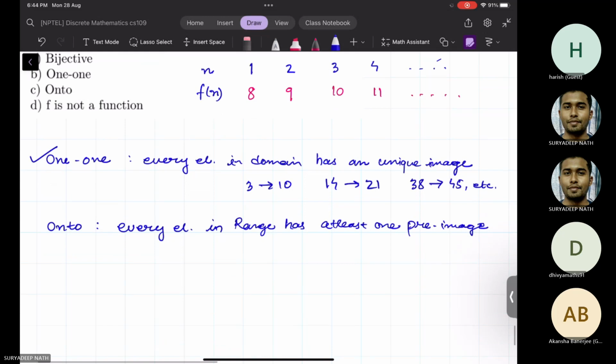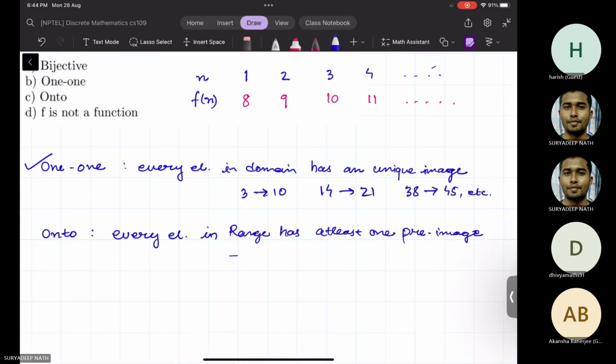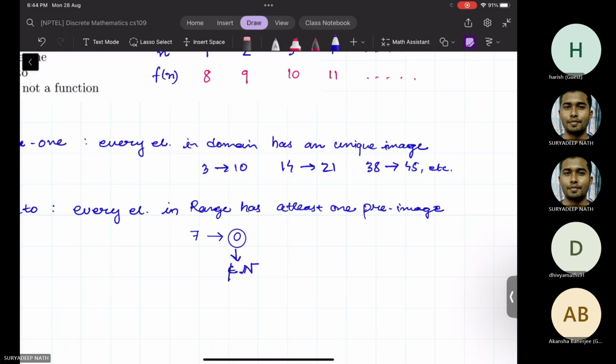Seven has no pre-image. You're right. So 7 would have a pre-image in 0, but 0 does not belong to natural numbers. So 7 has no pre-image. Similarly, 6 would have a pre-image at -1. Again, it does not belong to natural numbers.